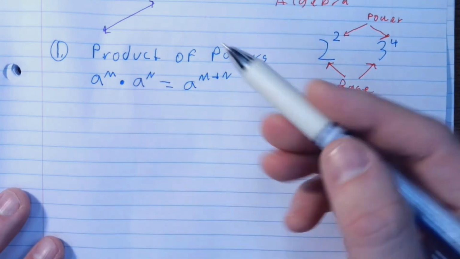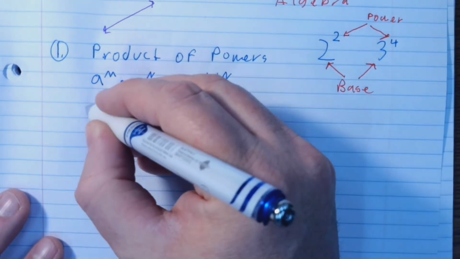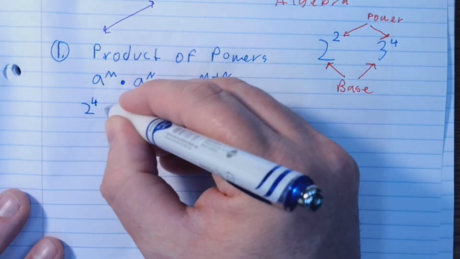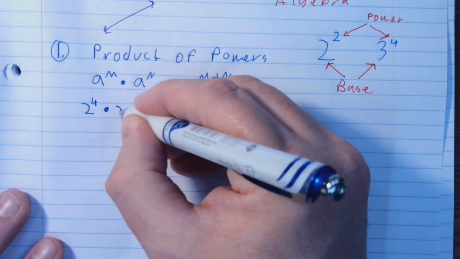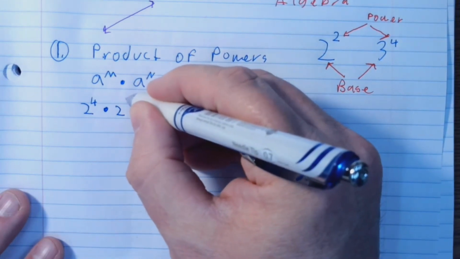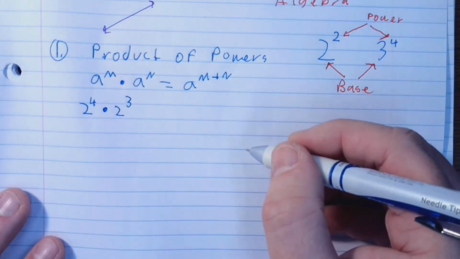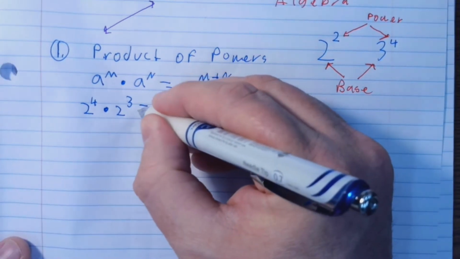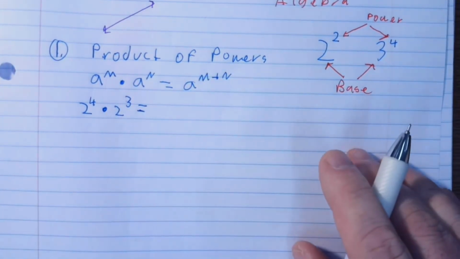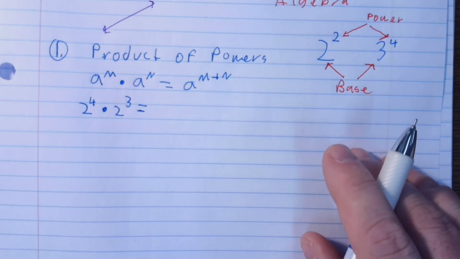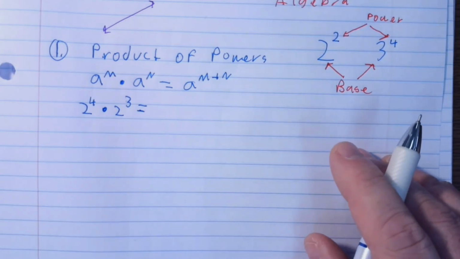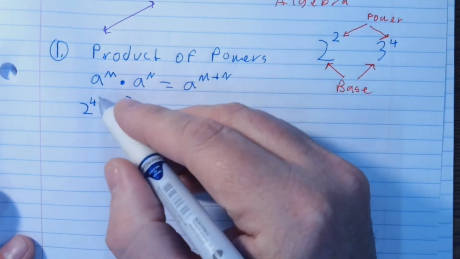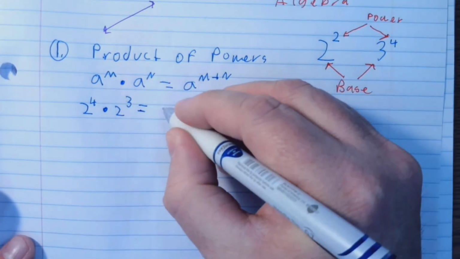So I'm going to give you an example that might make sense. We're going to do 2 to the 4th power times 2 to the 3rd power. This is how you might have done it in pre-algebra, in 8th grade and 7th grade. You might have written it in expanded form, so I'm going to write this in expanded form.